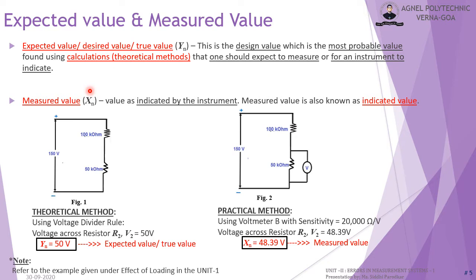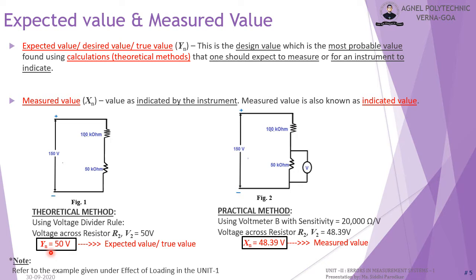In the last unit, while studying the effects of loading, we had seen this example where voltage across R2 resistor, which is equal to 50 kilo ohm, had to be measured. It was seen that theoretically voltage across R2 resistor was found using voltage divider rule and was found equal to 50 volts. This is the expected value or the true value of the voltage drop across R2 resistor and can be denoted as Y suffix n.